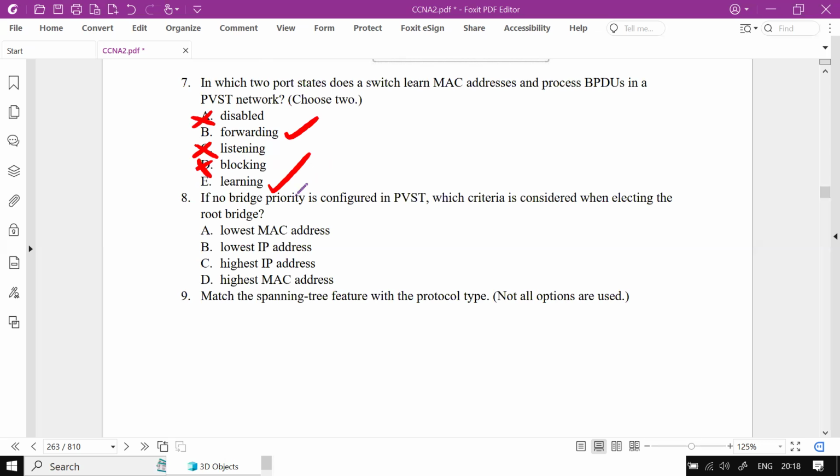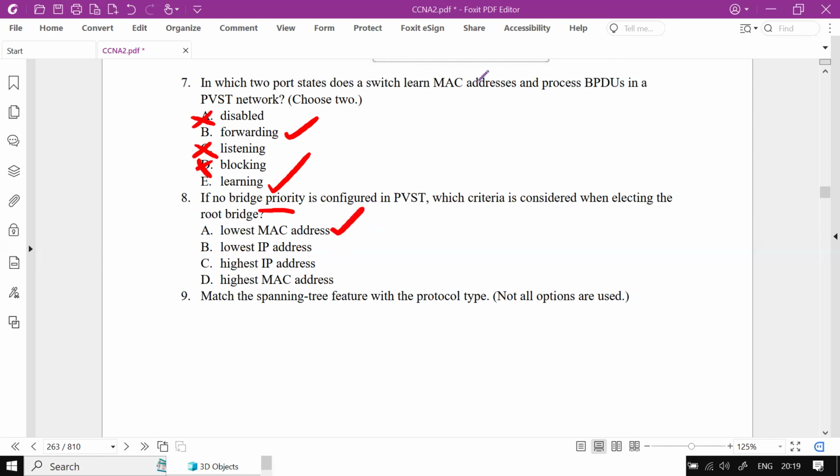Number 8, if no bridge priority is configured in Per-VLAN Spanning Tree, which criteria is considered when electing the root bridge? The root bridge is chosen depending on the bridge priority. If the priority is the same, we go for the lowest MAC address.